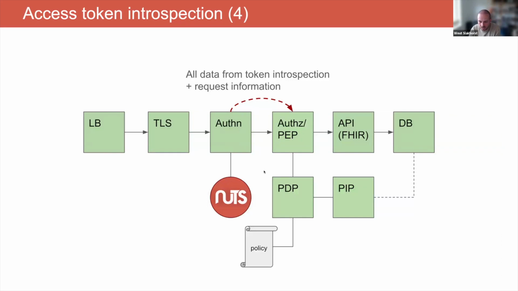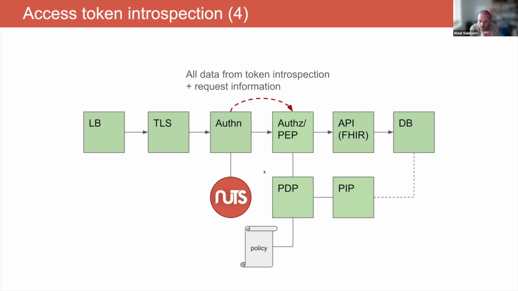Now, why is this important? Now we're going to go a bit into the architecture. If you look at the resource owner side of things, at the requests coming in, they will probably pass through some kind of load balancer, then some kind of TLS termination, and then come to your authentication part.